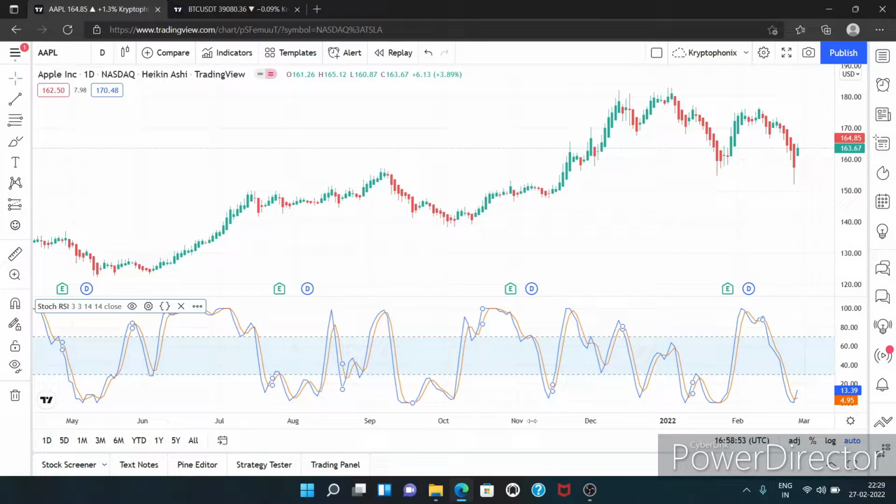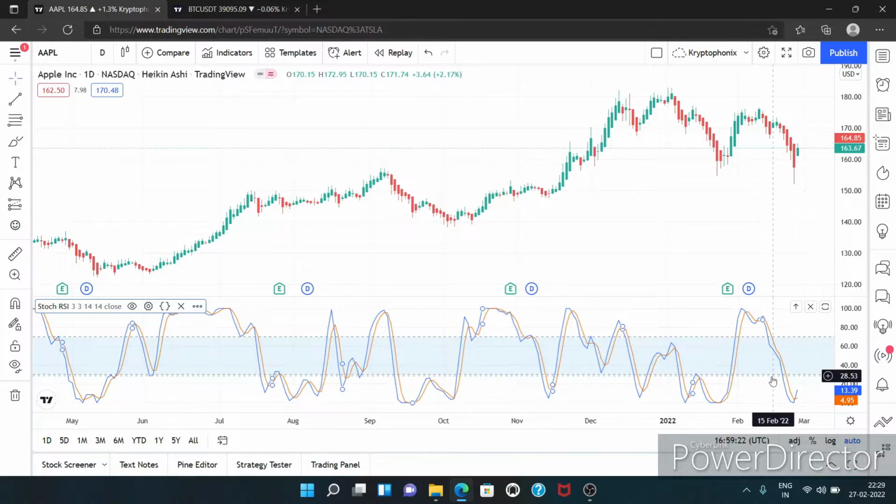Now, what the strategy is: if the RSI is above the 70 mark and two consecutive red candles are formed on the chart, this is a sell signal. If you look over here, two consecutive red candles, and the stochastic RSI is above the 70 mark.